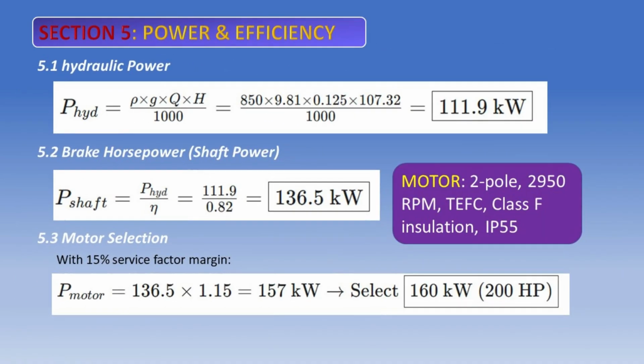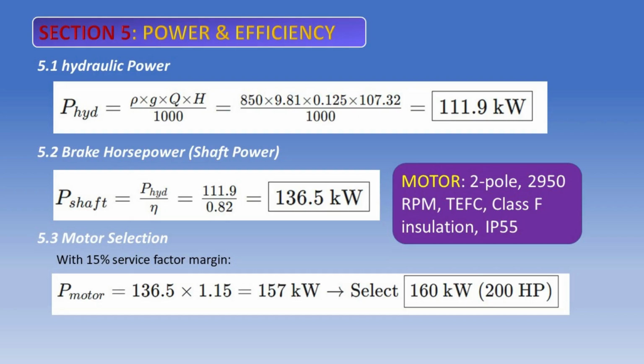With our pump and head confirmed, we calculate the power requirements. The hydraulic power, the power required just to move the fluid, is found to be 111.9 kilowatts. However, the pump is not 100% efficient. Accounting for the 82% efficiency at the BEP, the required shaft power, or brake horsepower, is 136.5 kilowatts.